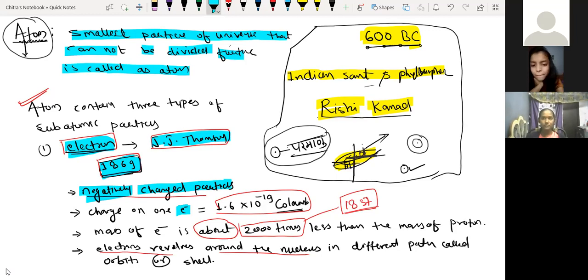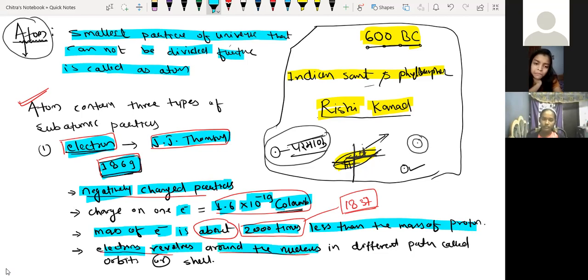So what is the charge on one electron? It is 1.6 into 10 to the power minus 19 Coulomb. Coulomb is the unit of charge. He also explained that the mass of an electron is about 2000 times less than the mass of a proton. Electrons revolve around the nucleus continuously, on their own axis as well as around the nucleus, in different orbits or different paths.